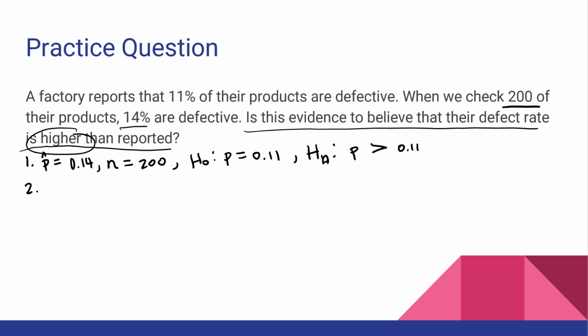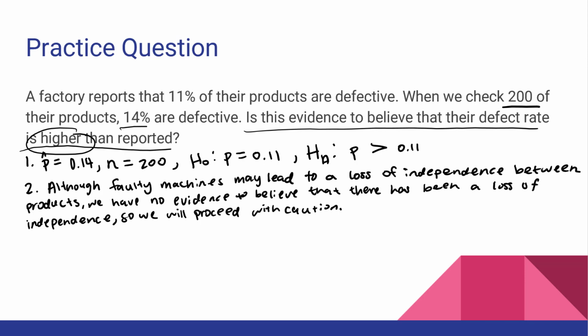So you have to say what the problem is, and then you're going to say, here's the problem, but we don't have any evidence to believe that it's not independent. So we're just going to go ahead, but please remain cautious. Although faulty machines may lead to a loss of independence between products, we really don't have any evidence to believe that there has actually been a loss of independence, so we will proceed with caution. This is your most important phrase here, proceed with caution.